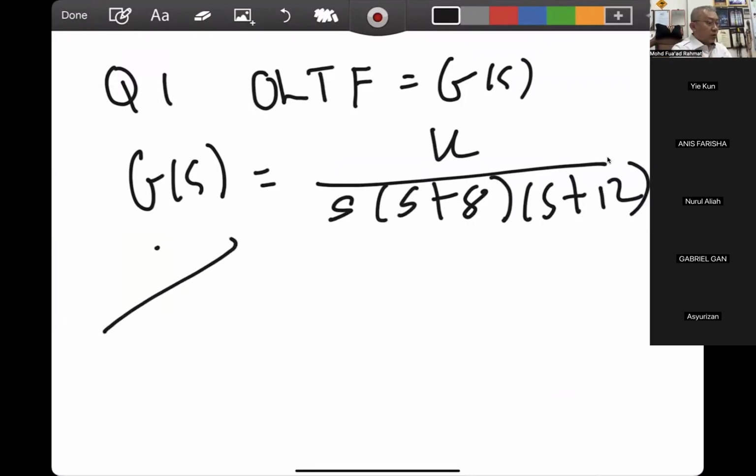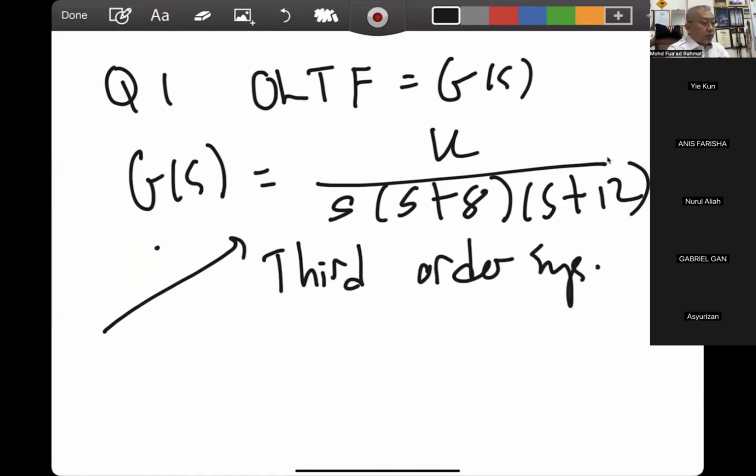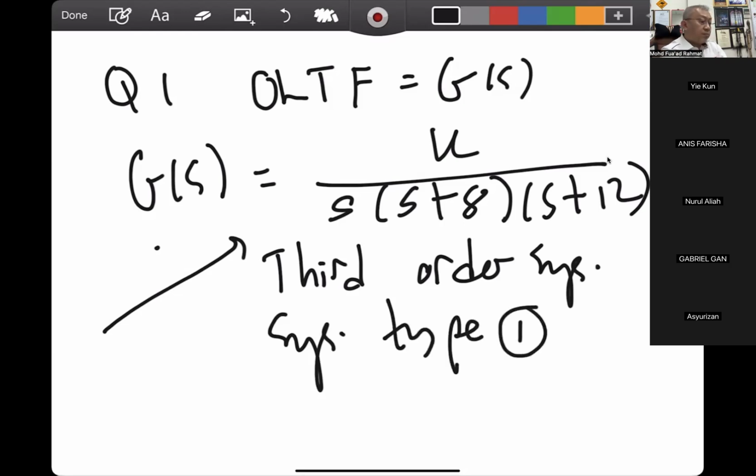So, by looking at the transfer function, this is a third order system, and system type 1. Okay. So you are required to assume K equal to 1.